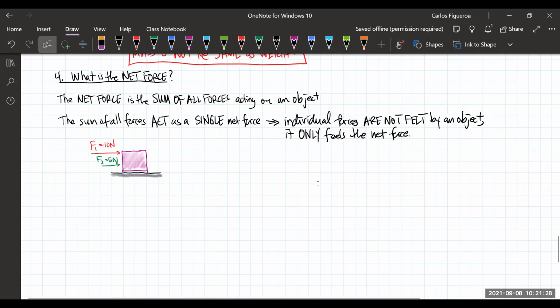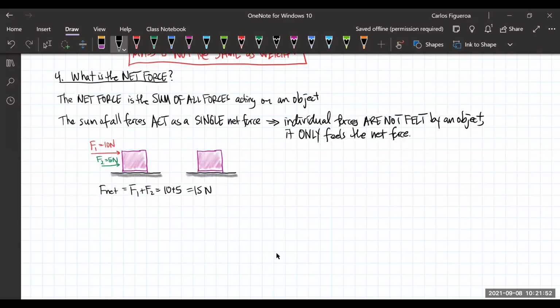If I paste my block here, what does the object actually feel? We know the net force is the sum of all of these forces, so it should be F1 plus F2, which is 10 plus 5. Why am I adding them? Because they point in the same direction. So the net force is 15 newtons.